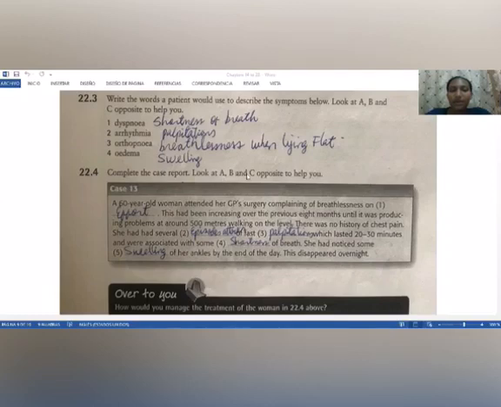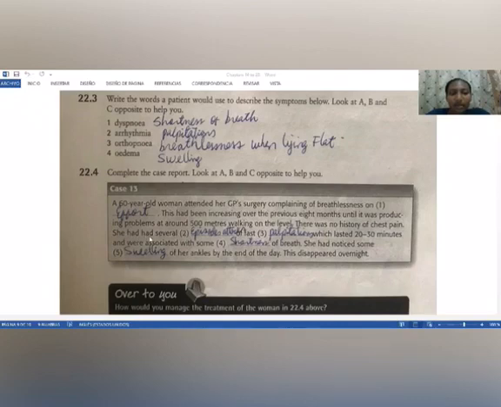Complete the case report. Look at A, B, and C opposite to help you. Case 13. A 60-year-old woman attended her GP's surgery complaining of breathlessness on exertion. This had been increasing over the previous 8 months until it was producing problems at around 500 meters walking on the level. There was no history of chest pain.